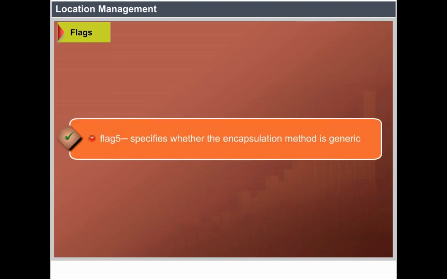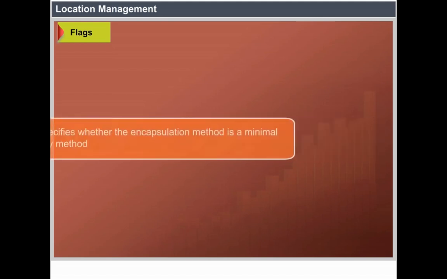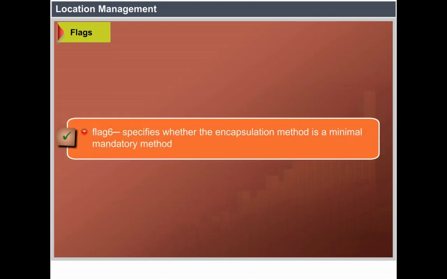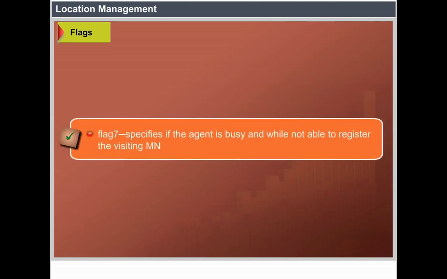Flag 5 specifies whether the encapsulation method is generic. Flag 6 specifies whether the encapsulation method is a minimal mandatory method. Flag 7 specifies if the agent is busy and cannot register the visiting MN.